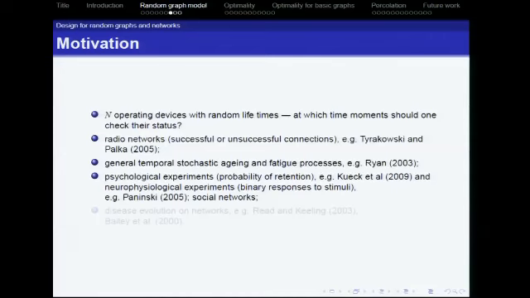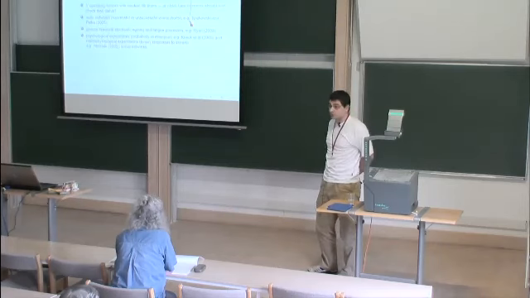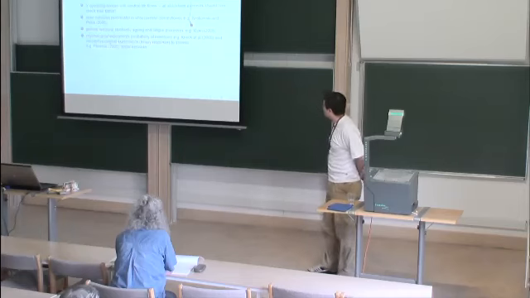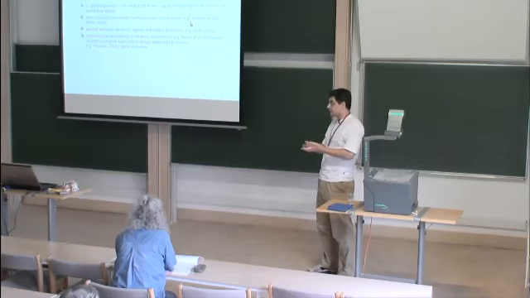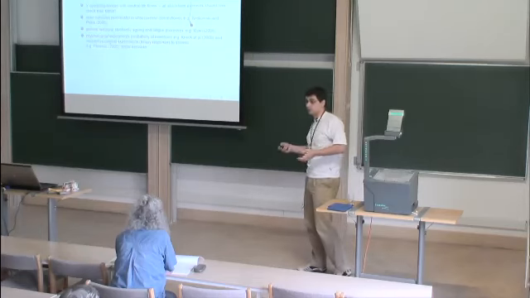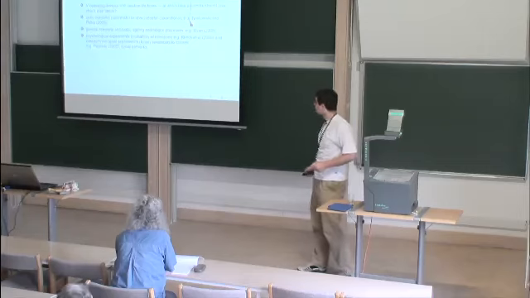Well, the response can be transformed into a binary response. In psychological or neurophysiological experiments, it can be a binary response to a stimulus applied, or we have a probability of retention that obviously decays with stress put on agents.